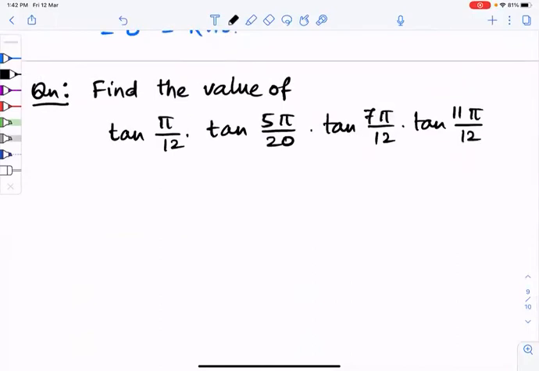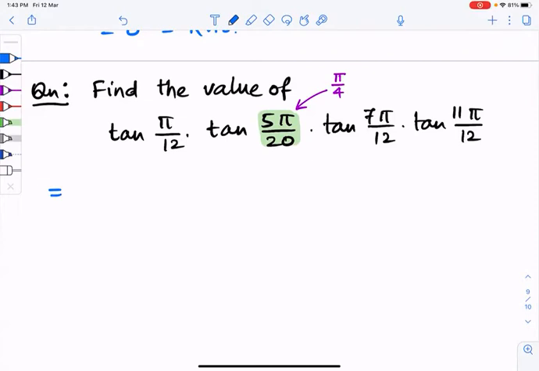So first of all, before starting the solution, we can check this angle. This can be reduced to pi by 4. Pi by 4 is 45 degrees.